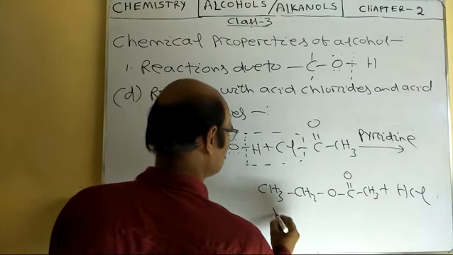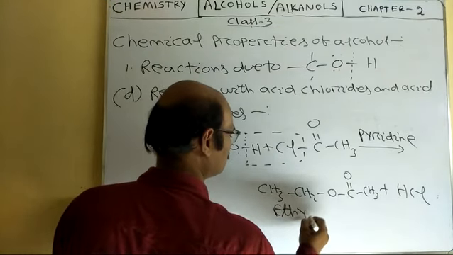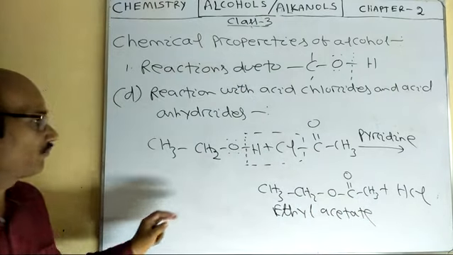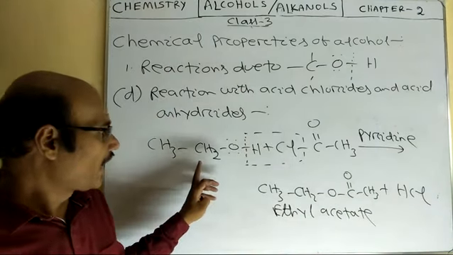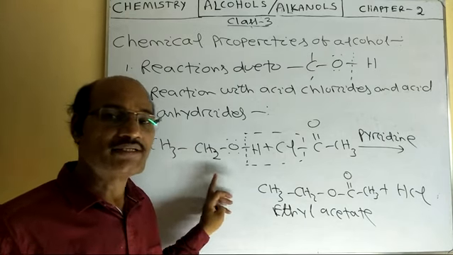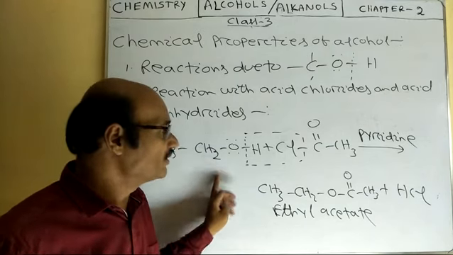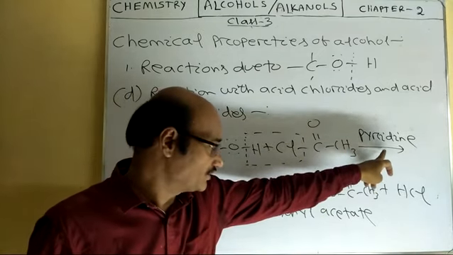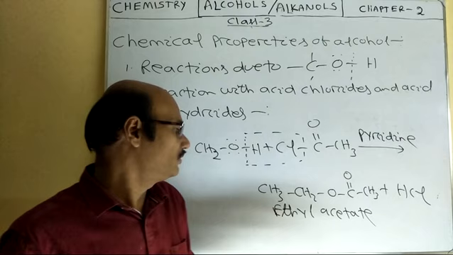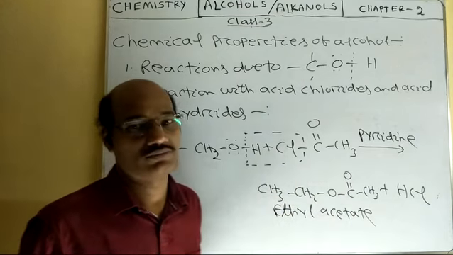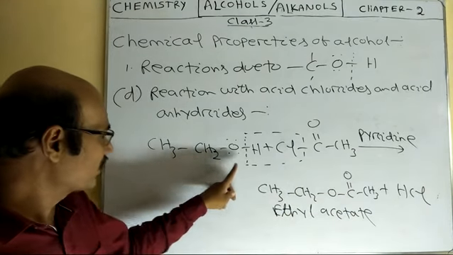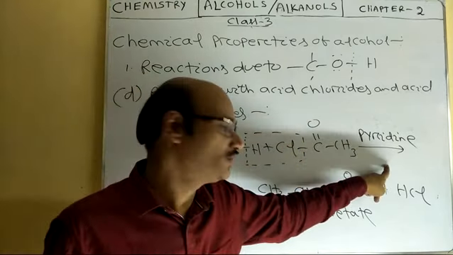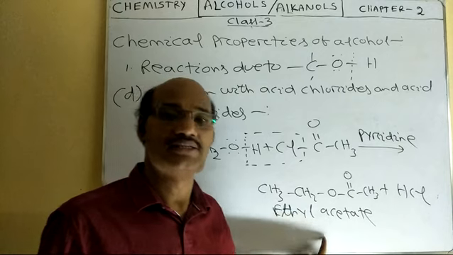That is ethyl acetate. So what you can say, when alcohols are treated with acid chlorides in the presence of pyridine base as catalyst, then esters are formed. So we have seen here ethyl alcohol reacting with acetyl chloride in the presence of pyridine base to give ethyl acetate.